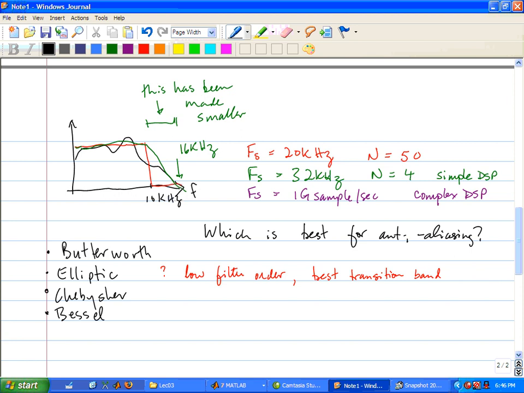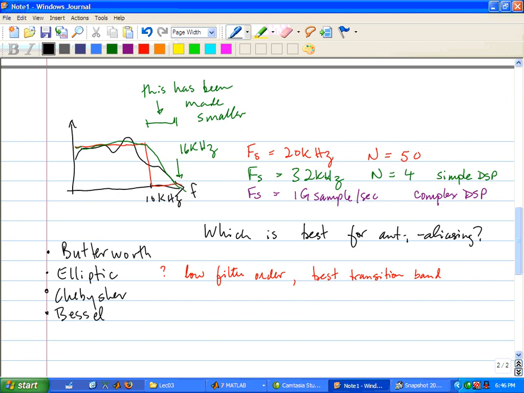Well, it's not that big a deal. Type 2 Chebby, elliptic. Yeah, it's actually on page 195 when it's talking about the linear phase approximation. About halfway down it says that transfer function is called the Bessel polynomial. These filters are often referred to as Bessel filters. That's at the bottom of the page.